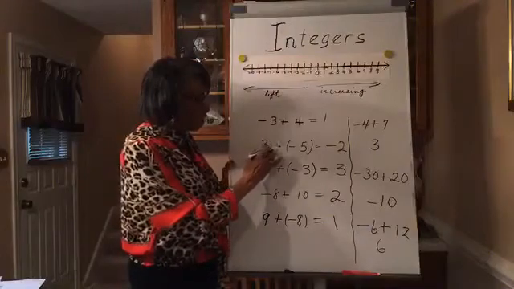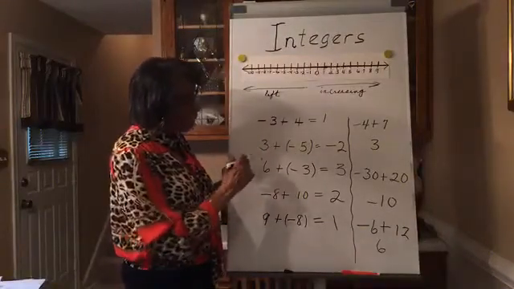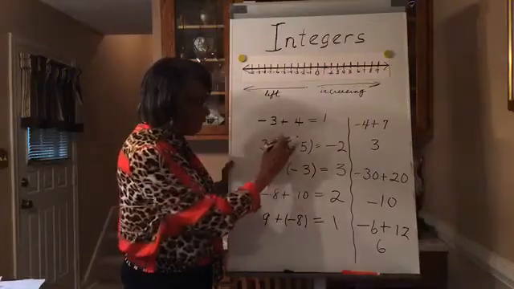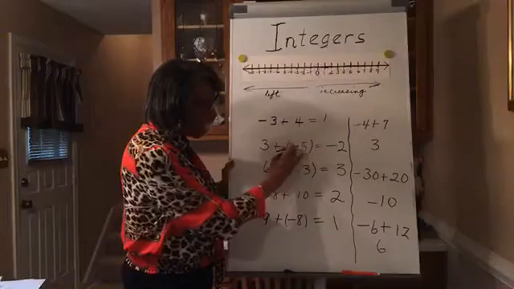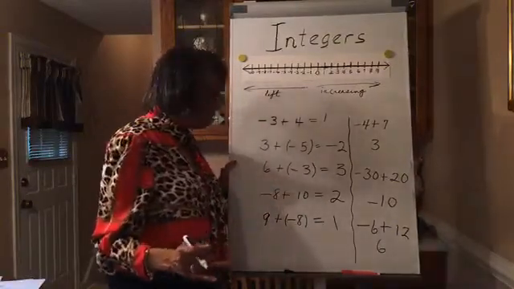Let's see what happened here. We have 3 plus negative 5. The absolute value of 3 is 3, and the absolute value of negative 5 is 5. Do not say that negative 5 is bigger than 3.